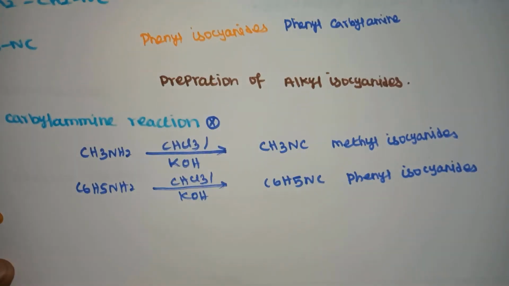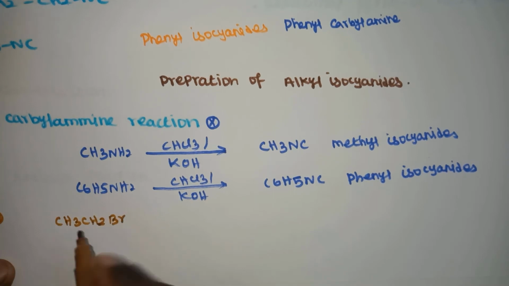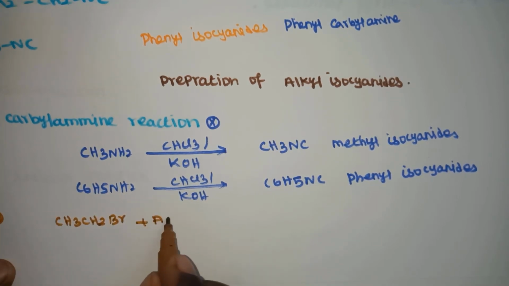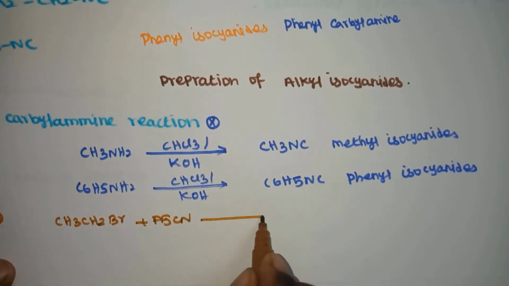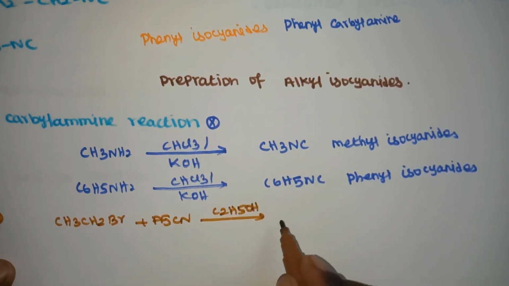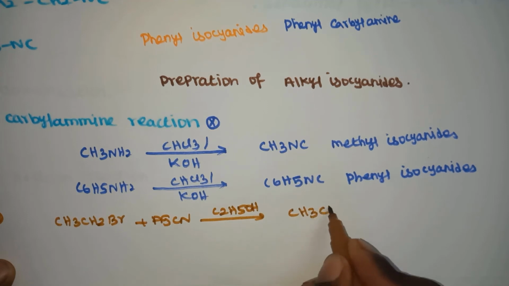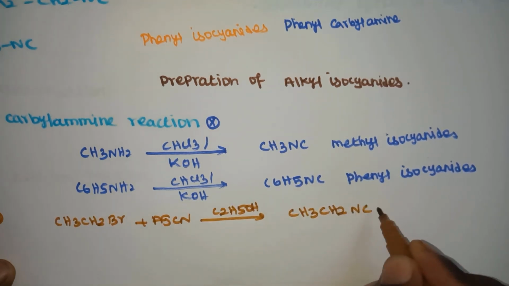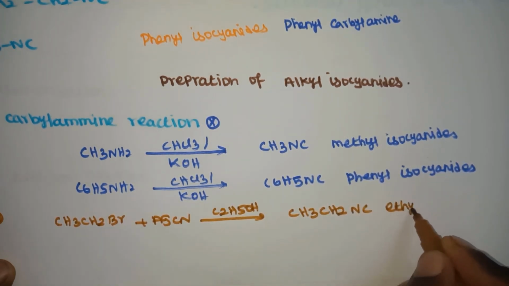Second one is from alkyl halide. When ethyl bromide, CH3CH2Br, reacts with silver cyanide, AgCN, in the presence of ethanolic solution, C2H5OH, it forms ethyl isocyanide. CH3CH2NC is ethyl isocyanide.